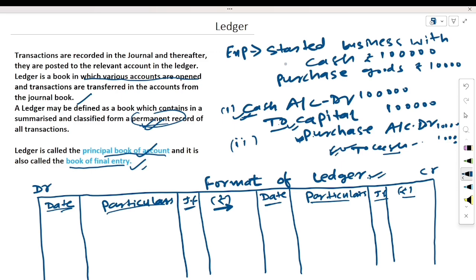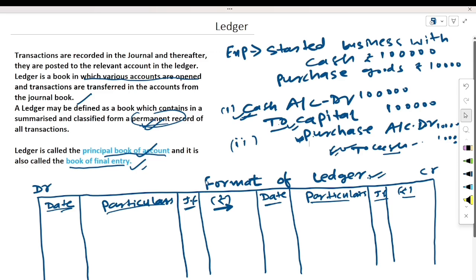Remember that for transferring from general into the ledger book, first of all you have to identify how many accounts, or how many ledger books, will be opened from these journal entries. Here we will have to open 3 ledger books: first for the cash account, second for the capital account, and third for the purchase account.